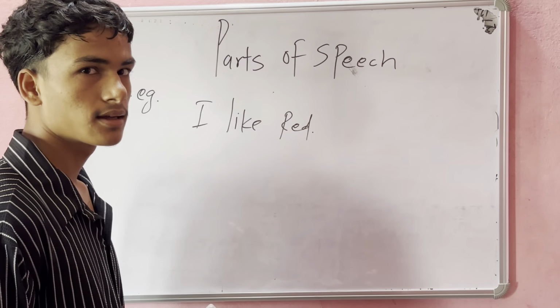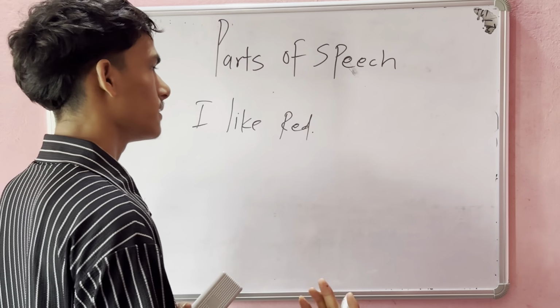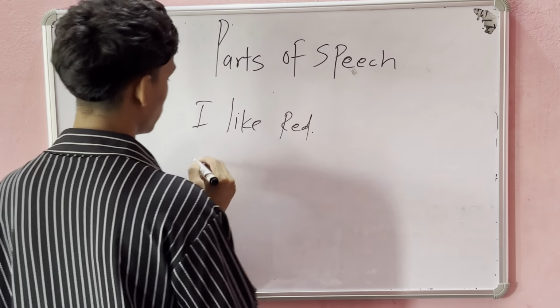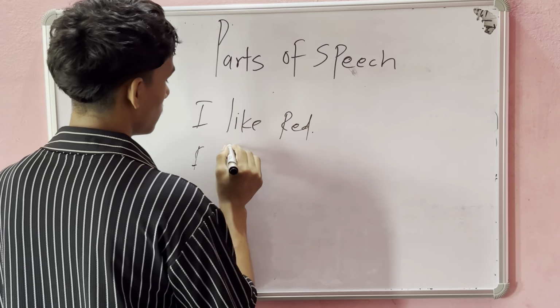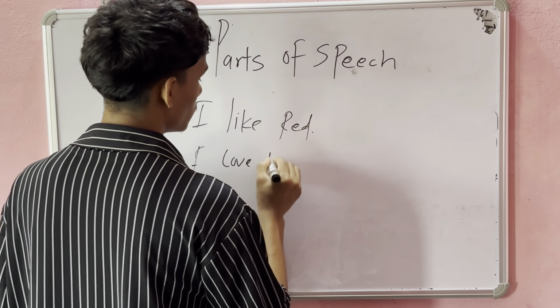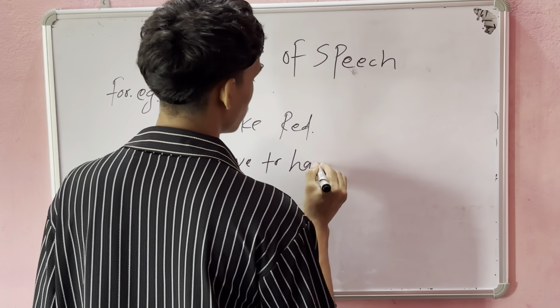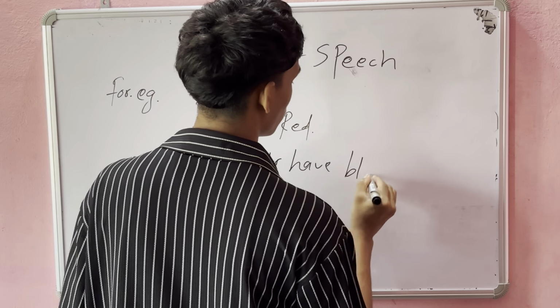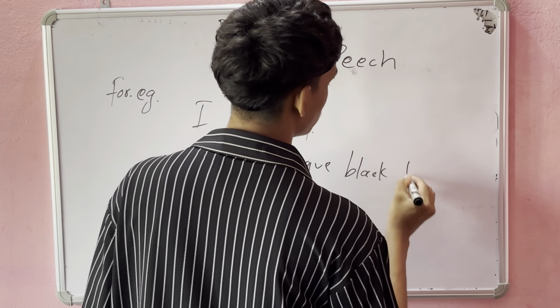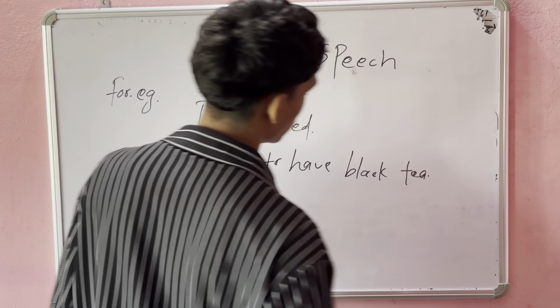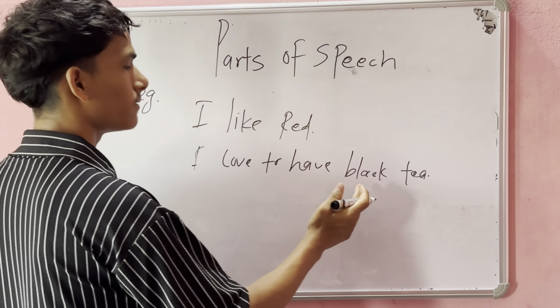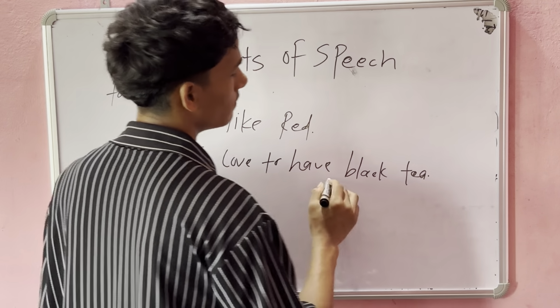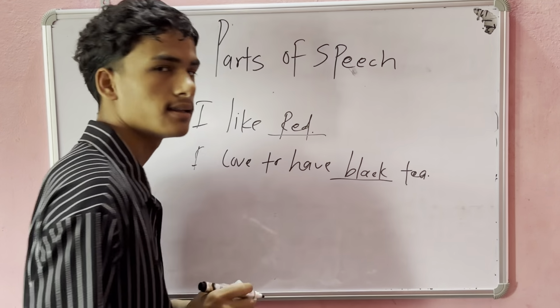Okay, I like red. And then, I love to have black tea. Okay, I love to have black tea. So black and red are the adjectives.